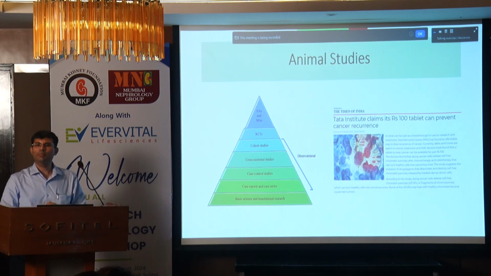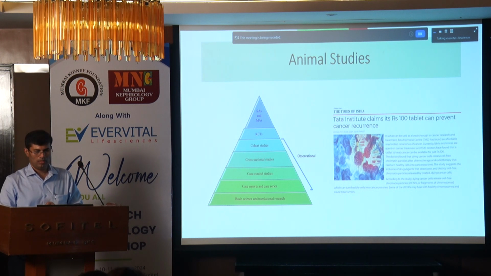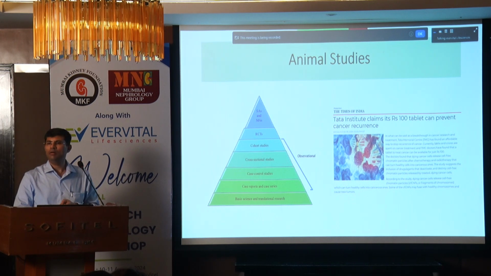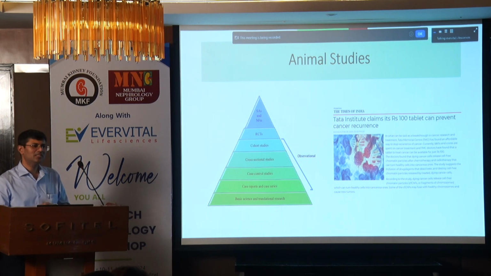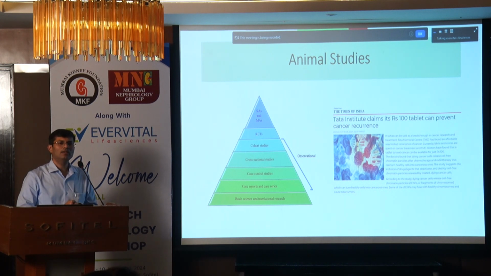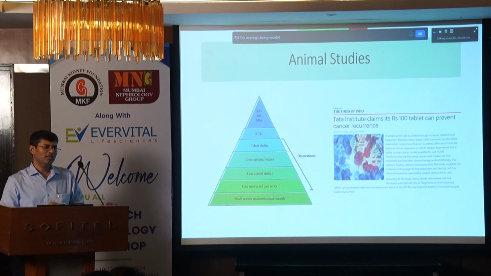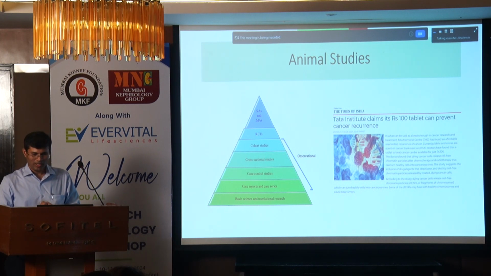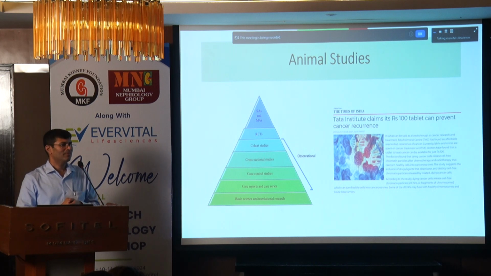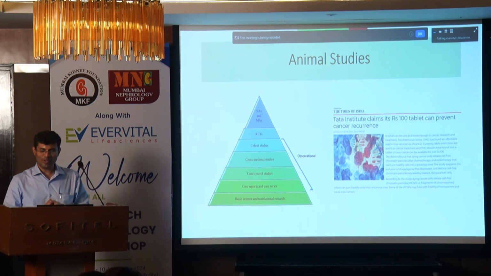The bottom of the pyramid is animal studies. A few months back, there was sensational news all across that a researcher in Tata Hospital claimed that a simple pill can cure cancer and cost just 100 rupees. Everyone was curious and started asking their oncology friends what's happening.